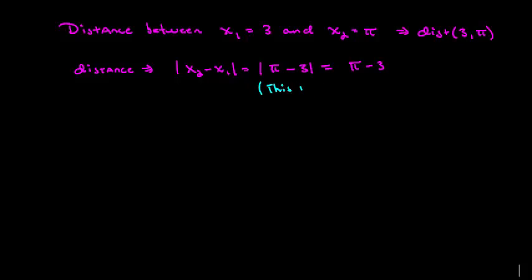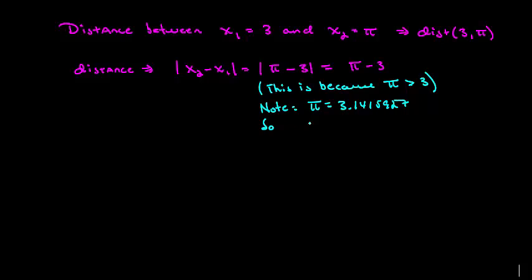Now, the reason I can drop the absolute value sign is because I know that pi minus 3 is positive, because pi is greater than 3, right? Pi is 3.14. Here, pi is 3.1415927 roughly. It goes on forever, so I can't possibly write down all the decimals there.